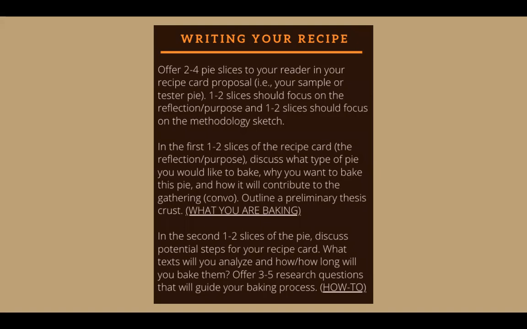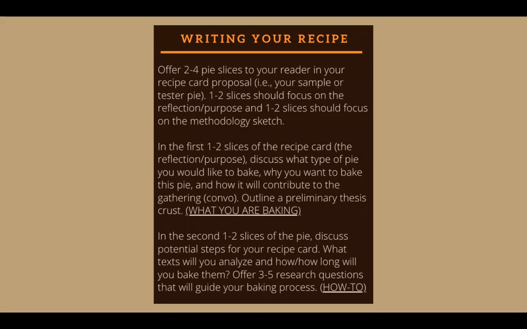So we know that in the course of producing your research proposal, you need to offer 2 to 4 paragraphs that allow you to discuss and offer the reflection/purpose section in 1 to 2 slices or paragraphs, and the methodology sketch section in 1 to 2 slices or paragraphs. Okay, so you could do 1 and 1, right? 1 paragraph on the reflection/purpose and 1 paragraph on the methodology.